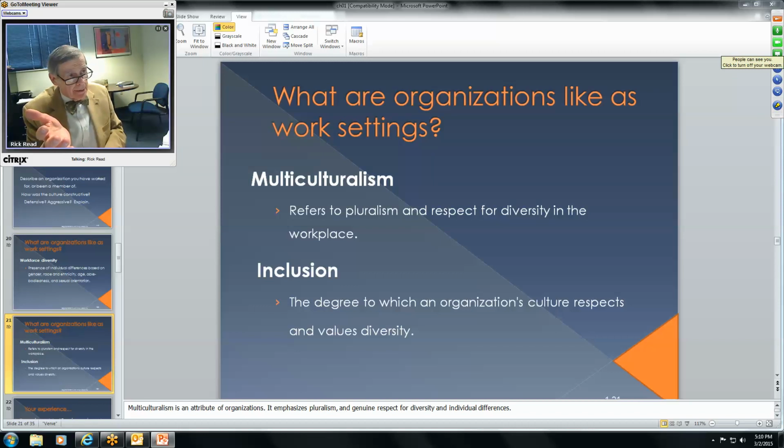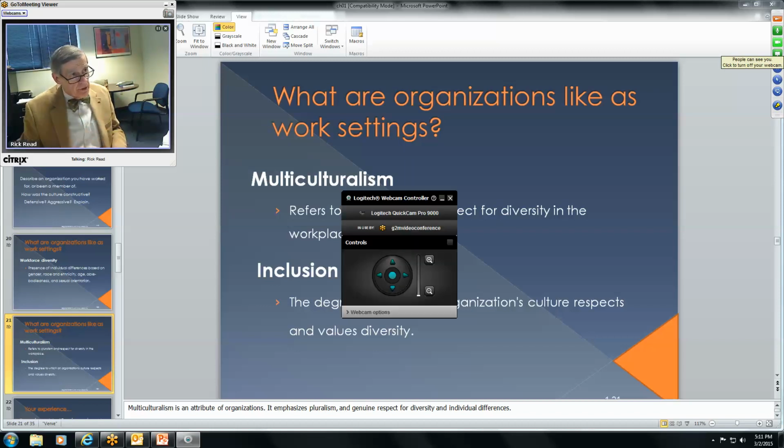I prefer one over the other, and I hope to be able to explain to you why. Multiculturalism just talks about the plurality that we find and that the organization respects diversity. Inclusion, on the other hand, takes everything we've just talked about, diversity and multiculturalism, and goes a step further. And you'll get this in the Xerox case.